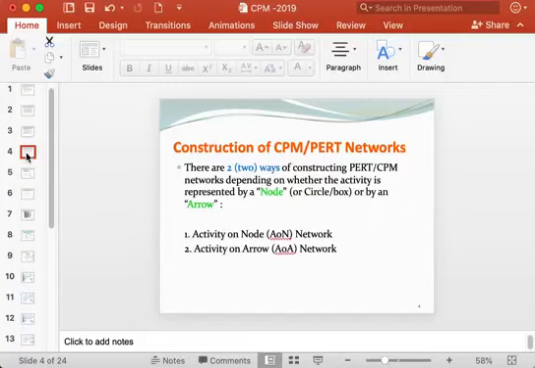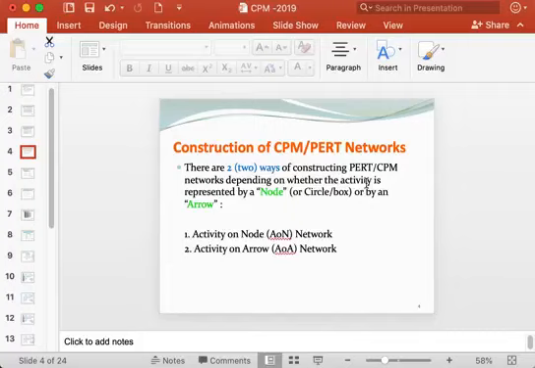Okay, so now moving further, for constructing the critical path method network and the program evaluation and review technique network, which are written in short as CPM and PERT networks, there are two ways of constructing.